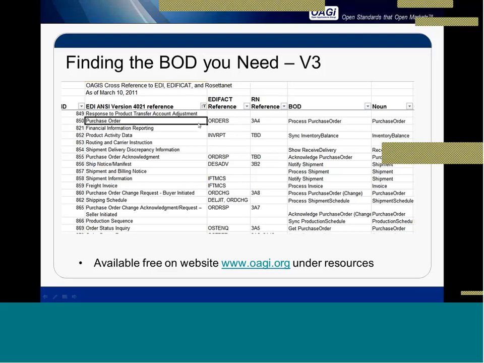And if you're currently using one of these other forms in some implementations, this may make it easier for you to find the business object document that would best suit your needs. And this is actually available not as part of the OAGIS standard itself, but if you go to oagi.org and go to resources and downloads along the top of our website, you will find this.